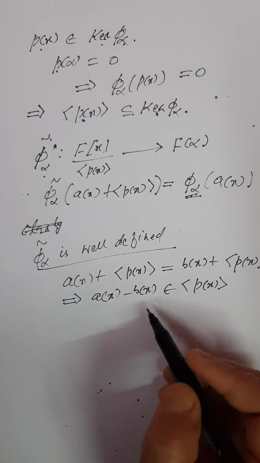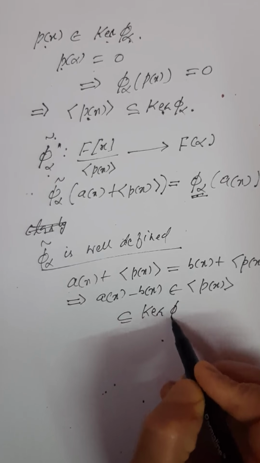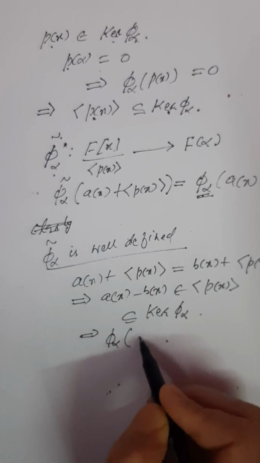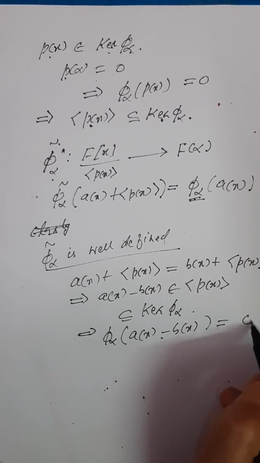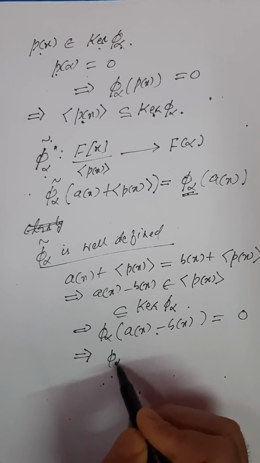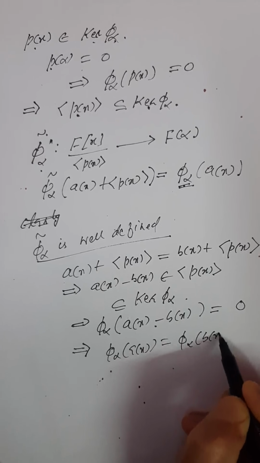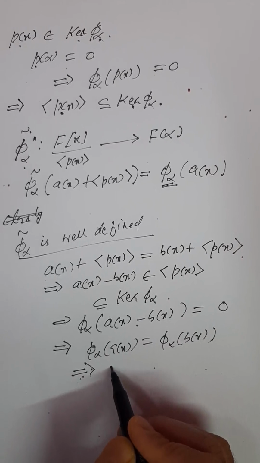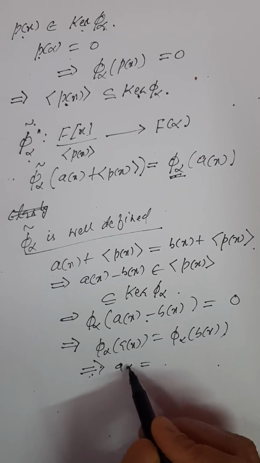But the ideal generated by p(x) is contained in the kernel of phi alpha, so phi alpha of a(x) minus b(x) is 0. This means phi alpha of a(x) is the same as phi alpha of b(x), because it is a homomorphism, so a(alpha) is the same as b(alpha).